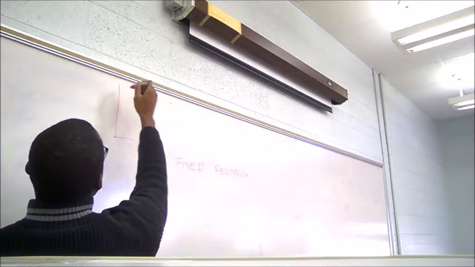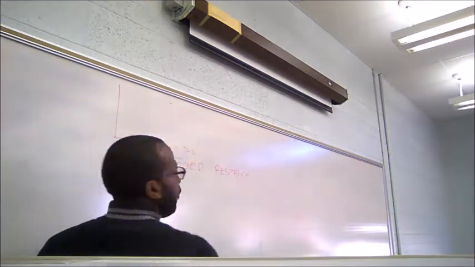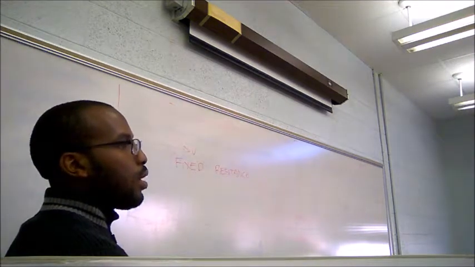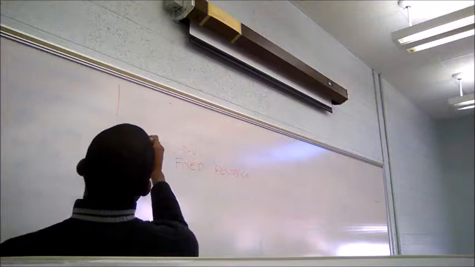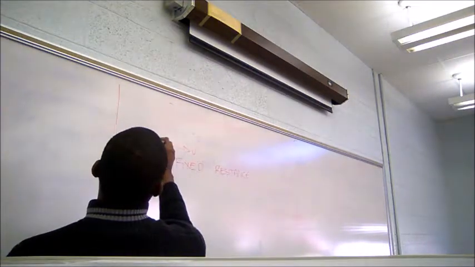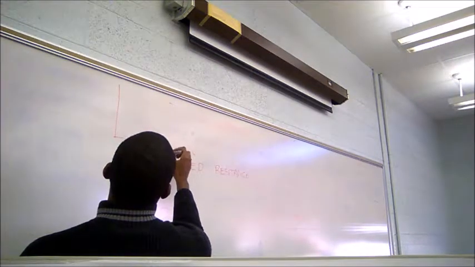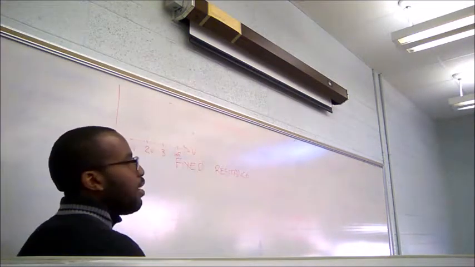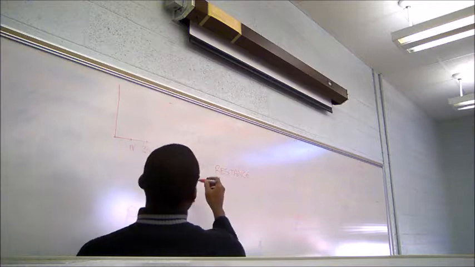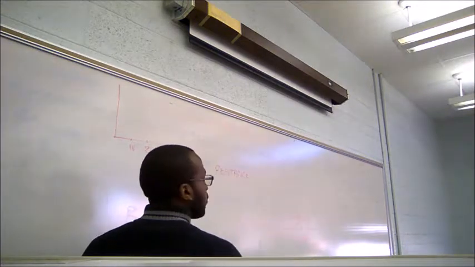So for Ohm's Law, if we have a fixed resistance and we decide to increase voltage, what we'll find is the current also increases proportionally. Let's say we have 1 volt, 2 volts, 3 volts, 4 volts, and a fixed resistance of 1 ohm.